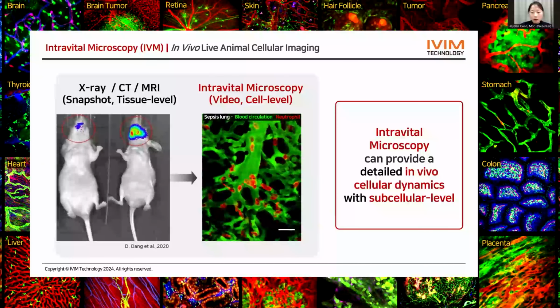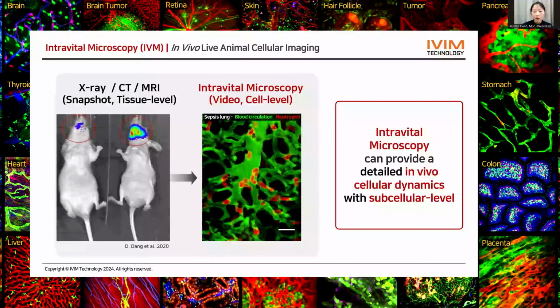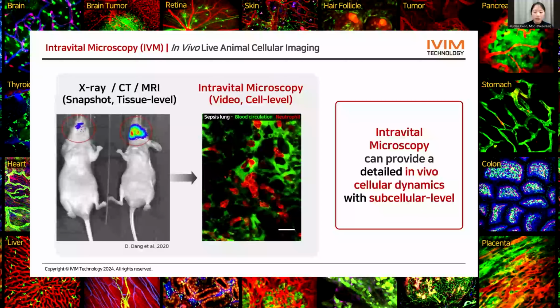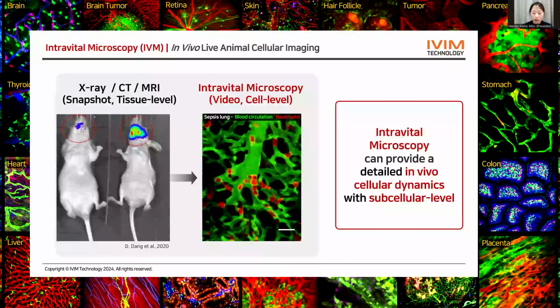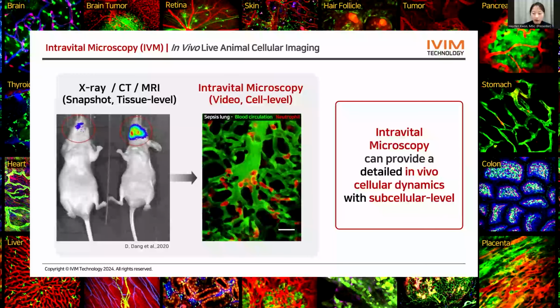Okay, so conventional in vivo imaging systems, X-ray, PET, or MRI imaging, for example, have limitations because they are designed to get simple whole body imaging or inferring specific organs operating on a microscopic scale. So, a lack of proper resolution makes it impossible to observe the dynamic cellular activities directly in living animals.